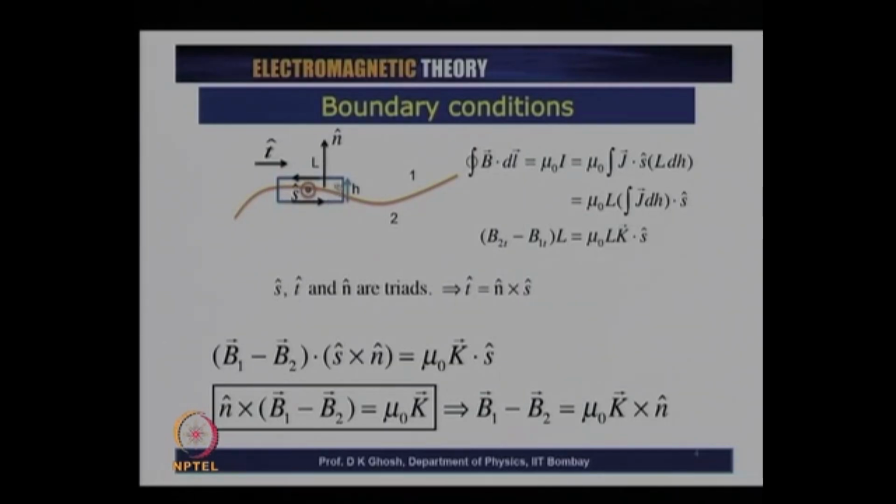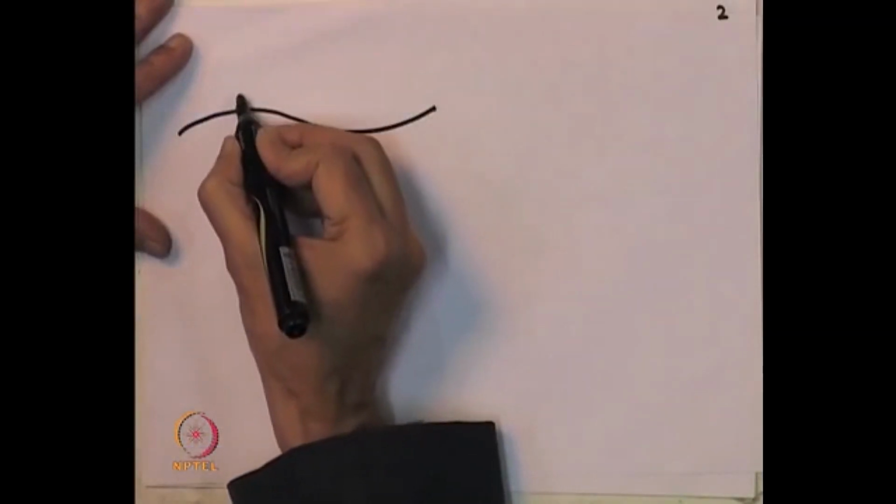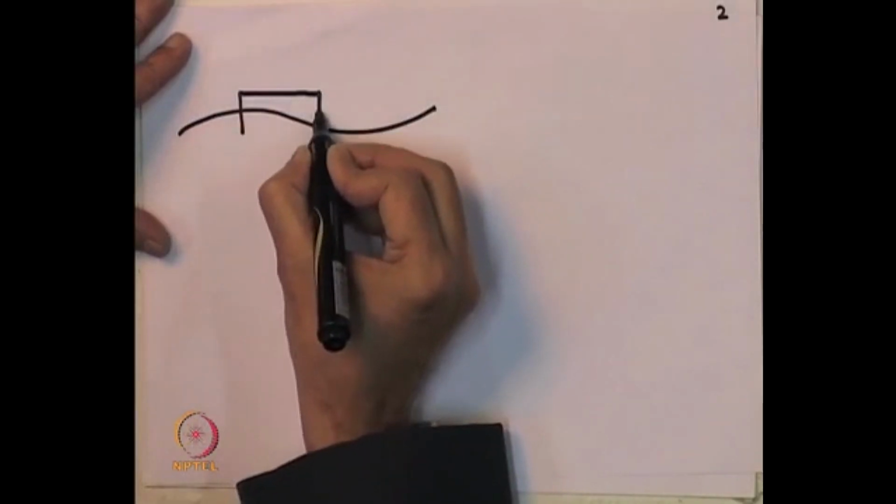So, I take an Amperian loop which is consistent with this current, which moves out from the plane of the paper on the surface. This is surface current. So, with this Amperian loop, I know that integral of B dot dl. So, let me partly draw this picture here. So, we have taken the Amperian loop.